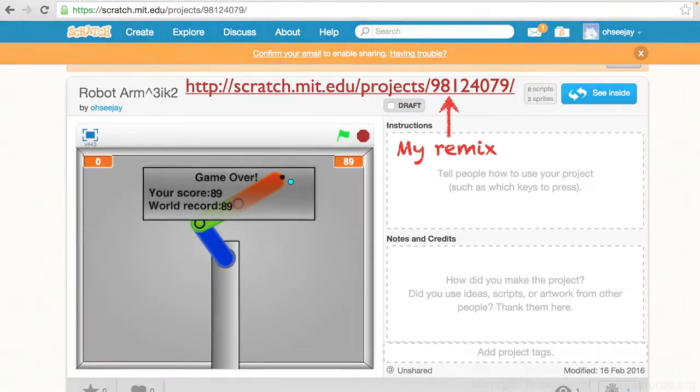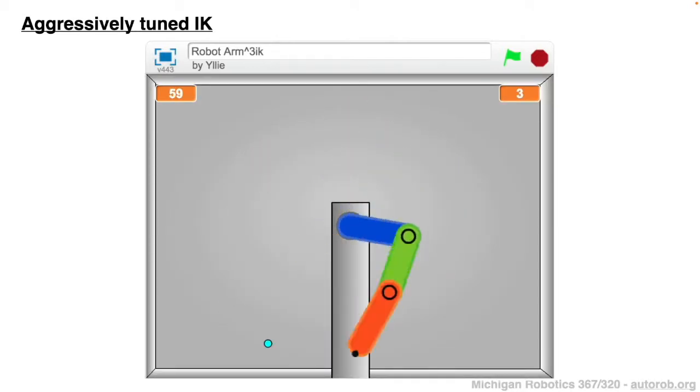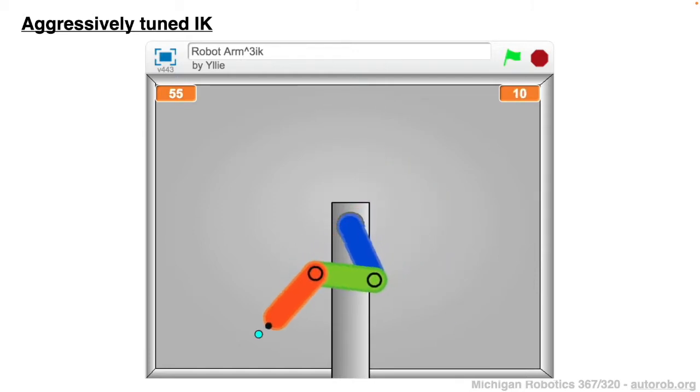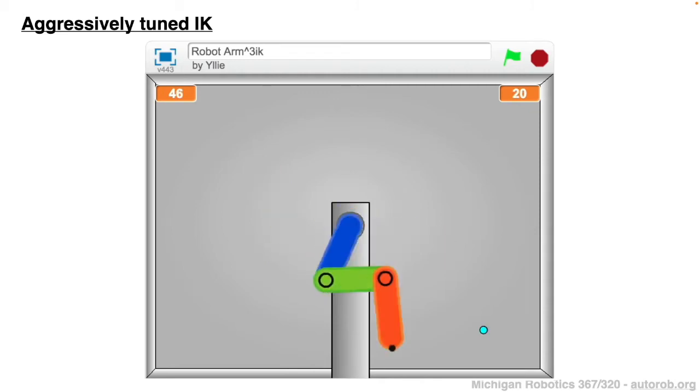In particular, if you follow this link, what you'll find is that this demo will show what Professor Jenkins implemented, where no longer is the robot being controlled manually. Instead, we have the combination of inverse kinematics and a PID controller to actually execute the desired joint angles to reach each of these set points.